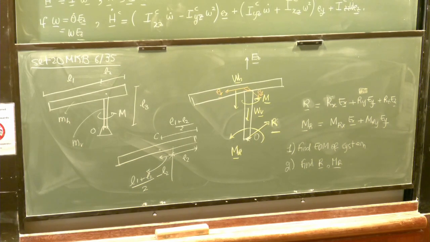These are the components of the position vector between A and C. C is the center of mass of the horizontal bar, and A is here at O, because you're finding the angular momentum and the moment of inertia about O.